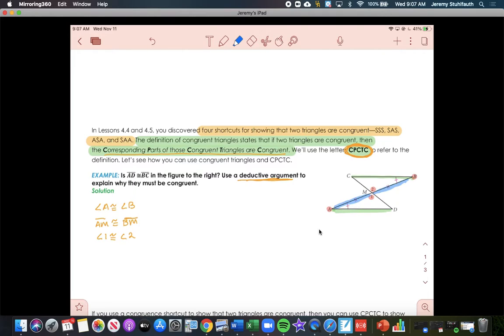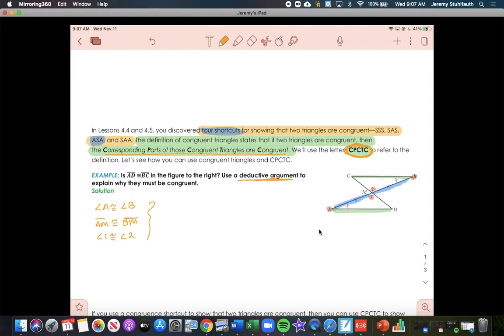So if you look at that, you want to ask yourself, is that one of our four congruency shortcuts? And the answer is yes. We have two angles and an included side.